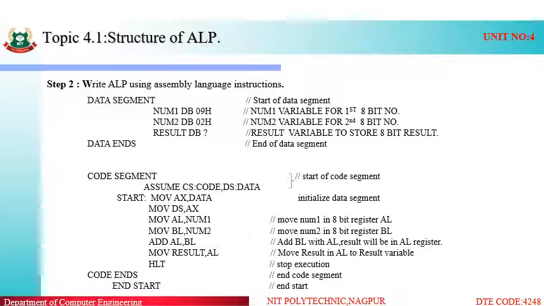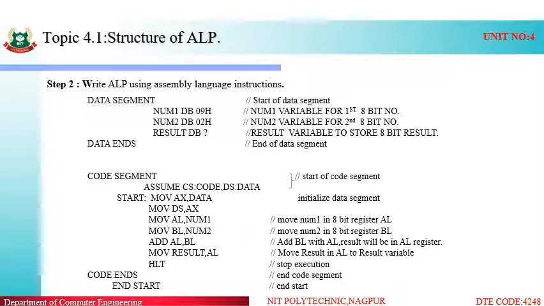So num1 db. Why db? db means defined byte. Defined byte means how many bits? 1 byte equals 8 bits. So we have used the assembler directive db. And the number is 8-bit, that is how many hexadecimal digits? 2 hexadecimal digits. 1 hexadecimal digit equals 4 binary bits, so 2 hexadecimal digits equal 8 binary bits.